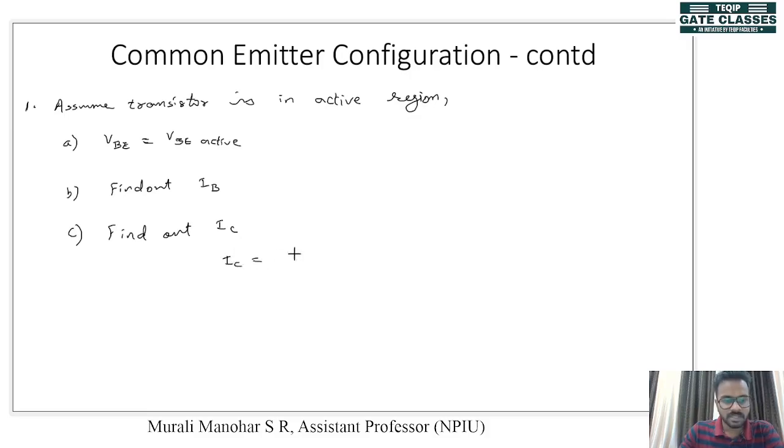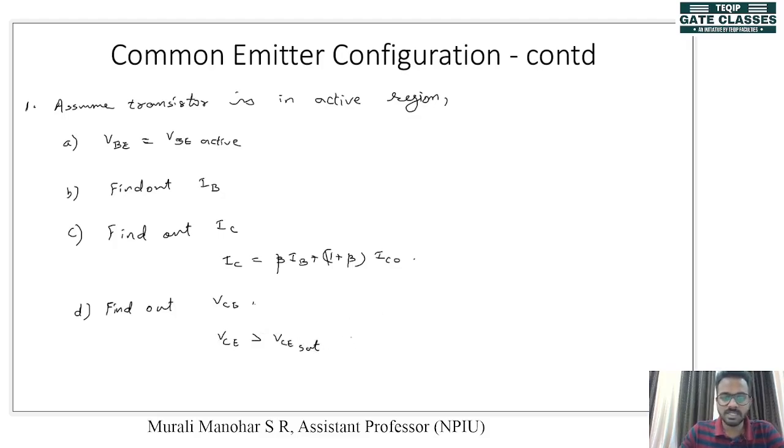IC is given as beta IB plus (1 plus beta) into ICO. After finding out IC, the next step is to find out VCE. After finding out VCE, we check if VCE is greater than VCE SAT.